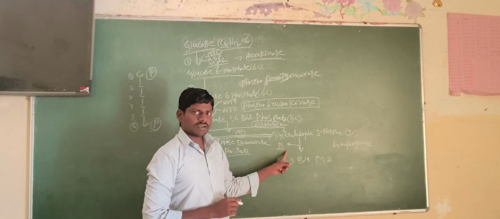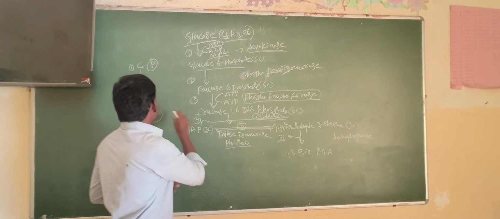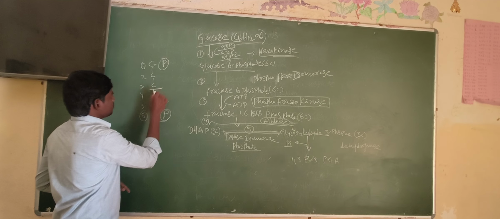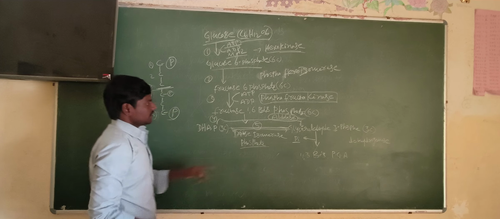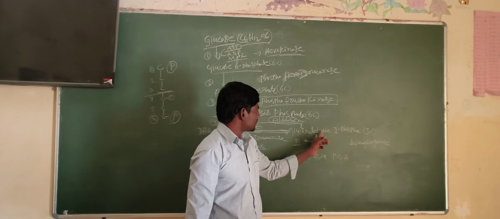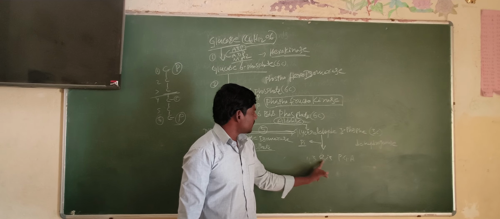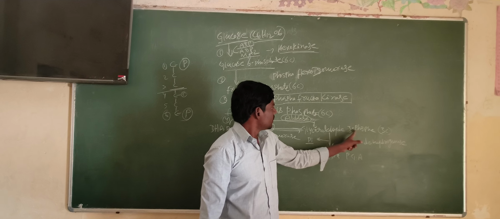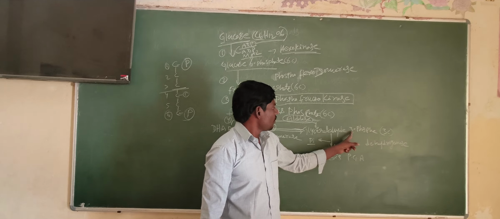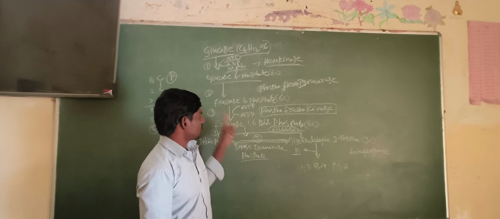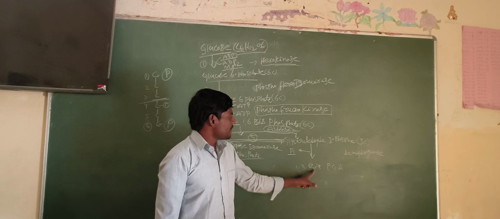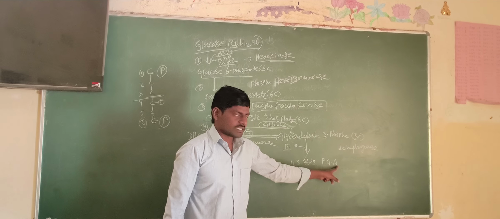It is attached to the first carbon. Then glyceraldehyde 3-phosphate is converted into 1,3-bisphosphoglyceric acid, with a phosphate at the third carbon and one more cytoplasmic phosphate at the first carbon.